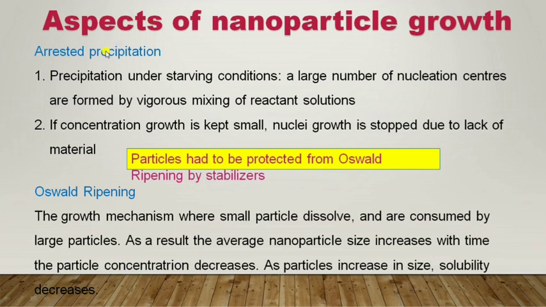Here is one type of precipitation, that is arrested precipitation, in which we can control the growth of nanoparticles.